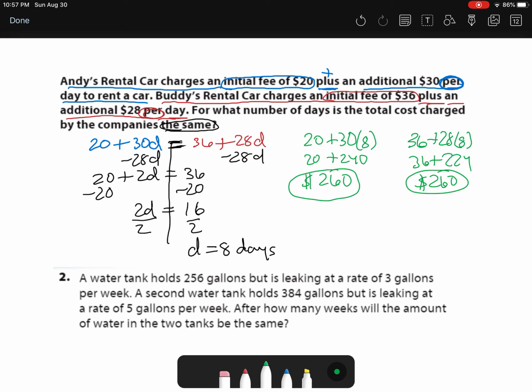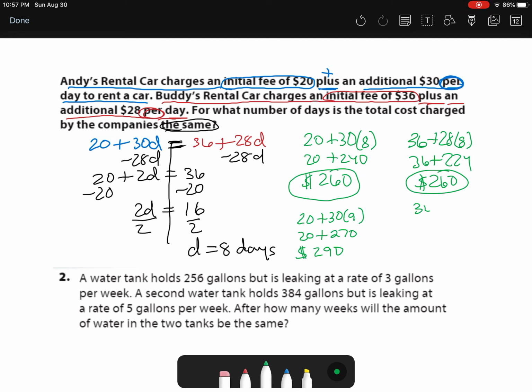So when is one company better than the other? Well, if we try 9 days, let's do 20 plus 30 times 9. That's going to be 20 plus 270, which is $290.